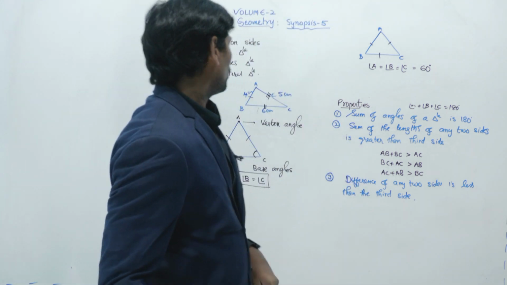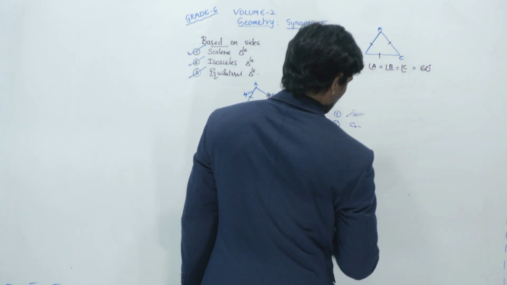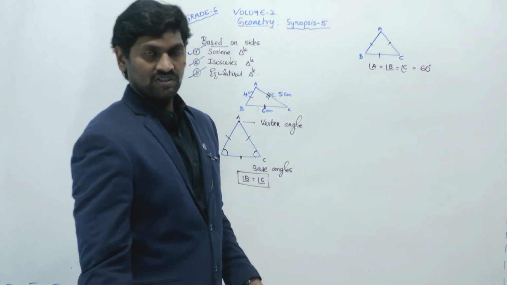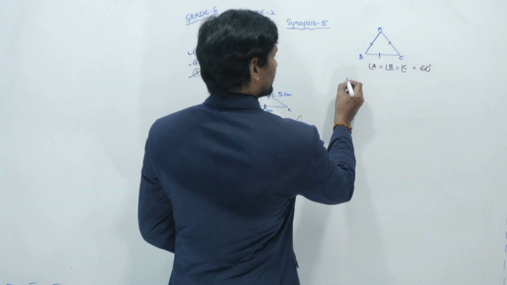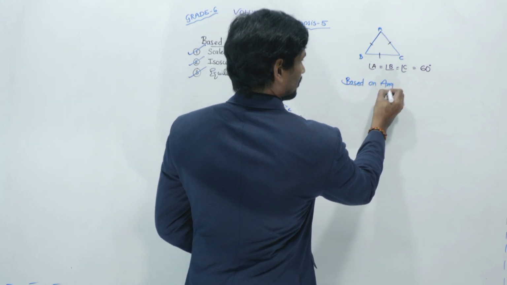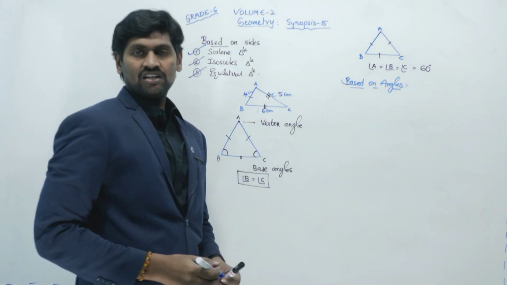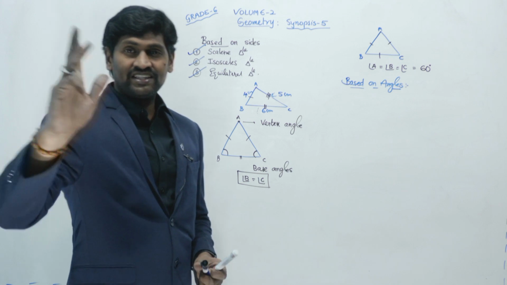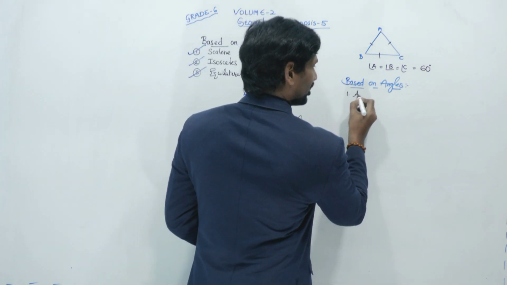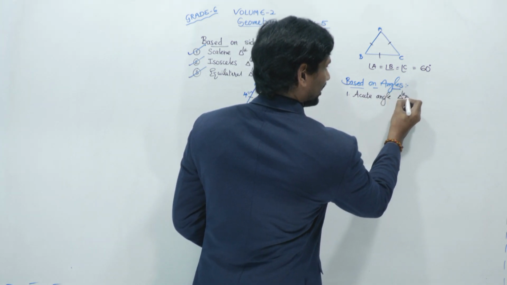Now let us discuss triangles based on angles. Types of triangles based on angles. Based on angles, again there are three different types. The first one is acute angle triangle.